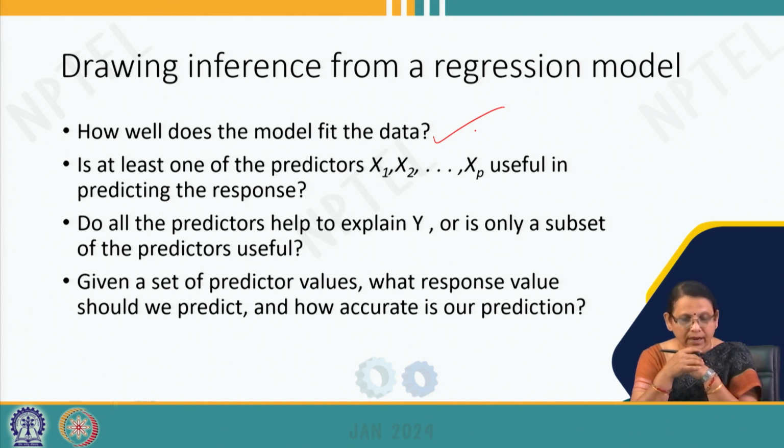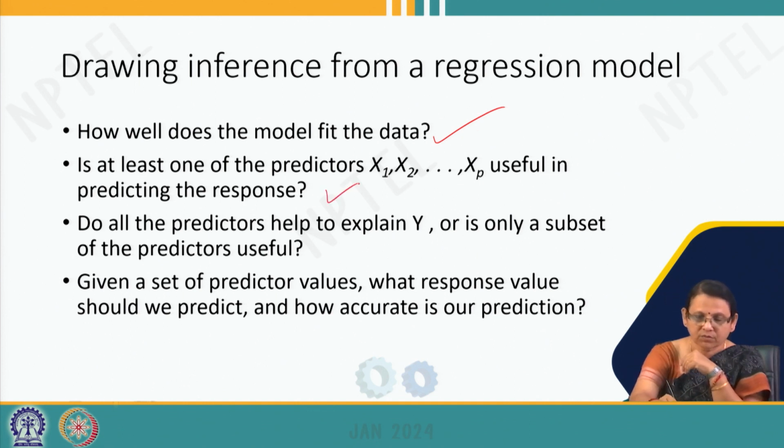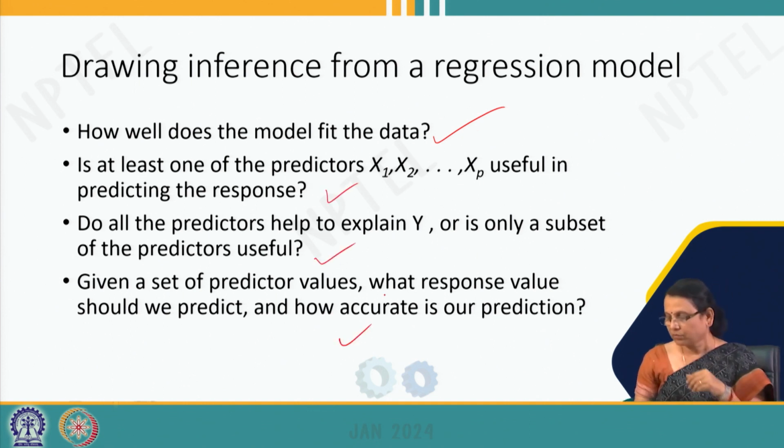Then we identify whether all the predictors explain Y, that is the response, or only a subset of the predictors. Predictor here means feature. Now, given a set of predictor values, what response values should we predict and how accurate is our prediction? So, these 4 points we are going to discuss now.